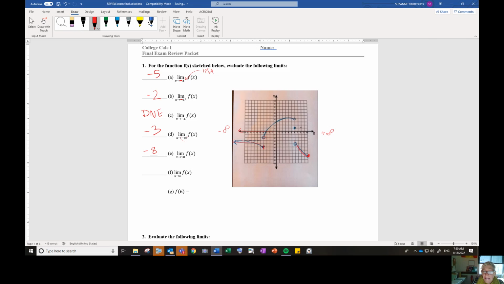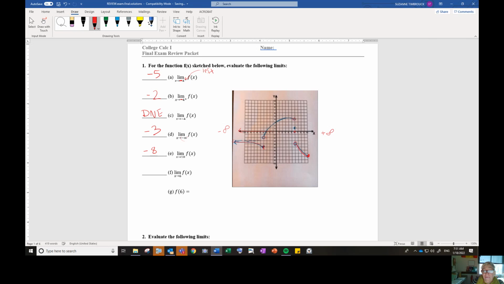Then we're asked what happens as we approach 6. So here's 6. As we approach from the left, we're heading to 4. As we approach from the right, we're heading to -4. So those values do not match.